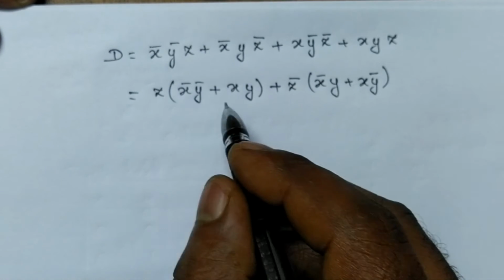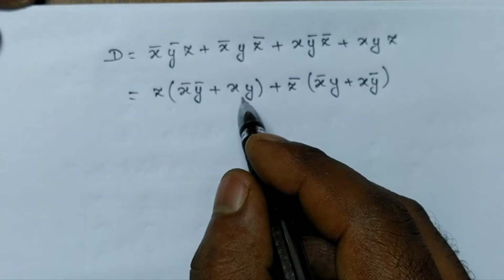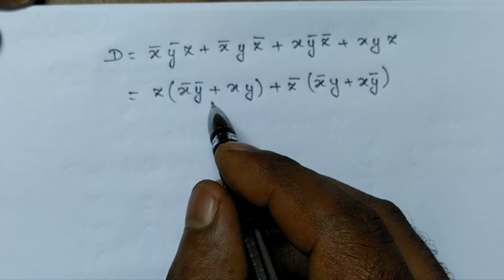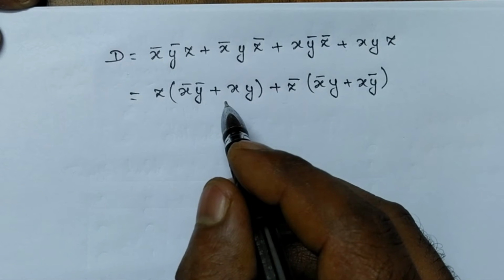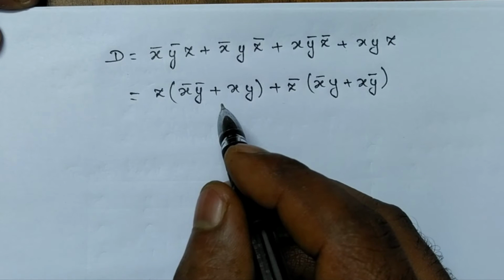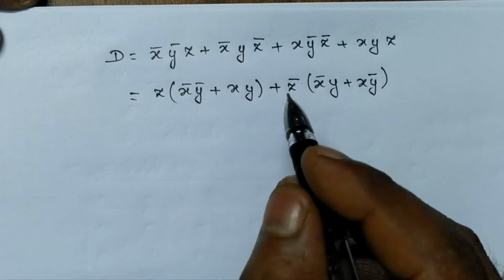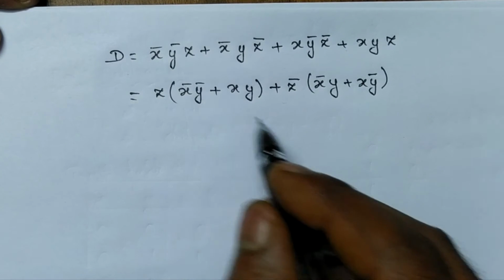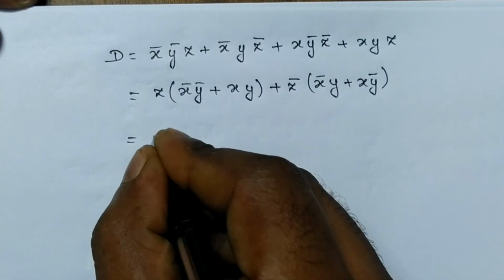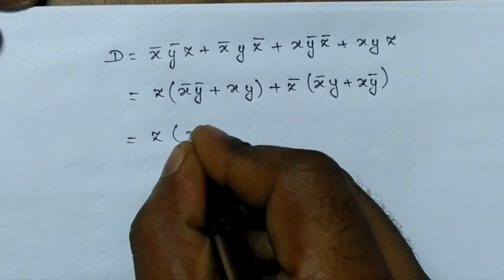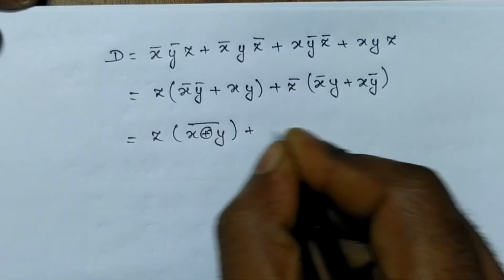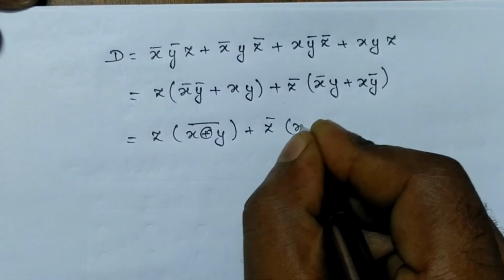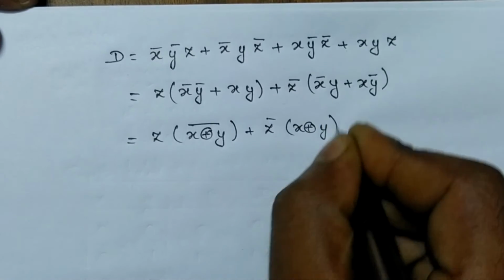Likewise x bar y bar plus xy is equal to x XNOR y, which is equivalent to x XOR y the whole bar, which we have already seen in the full adder. Therefore z into x XOR y the whole bar plus z into x XOR y.